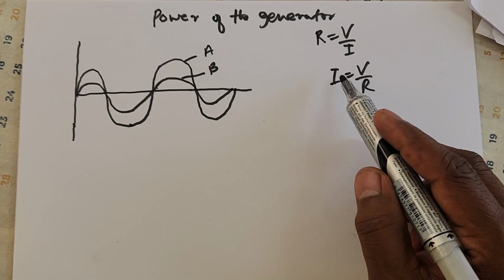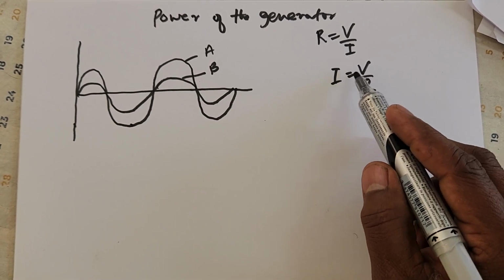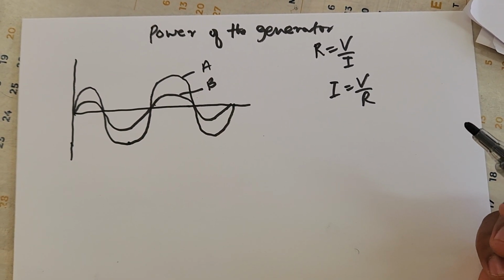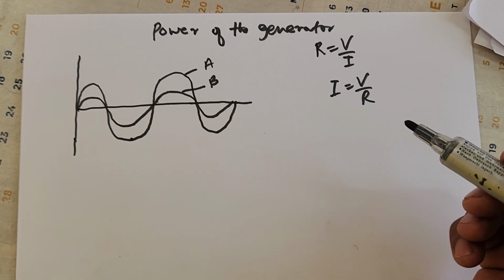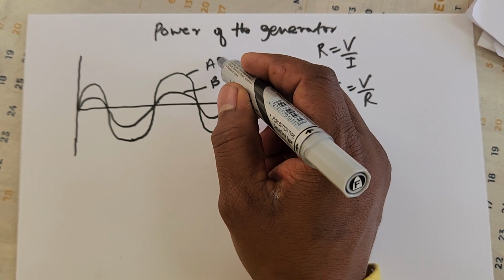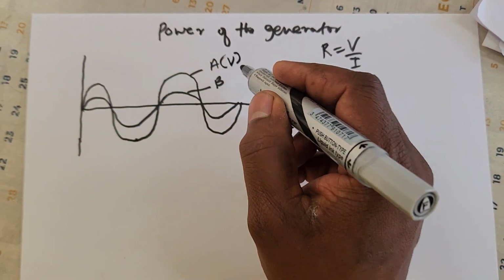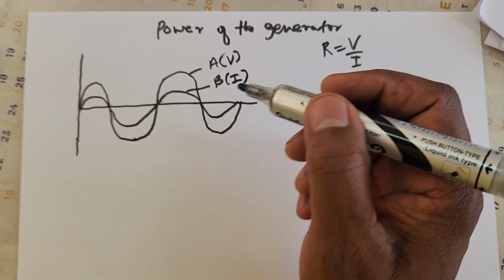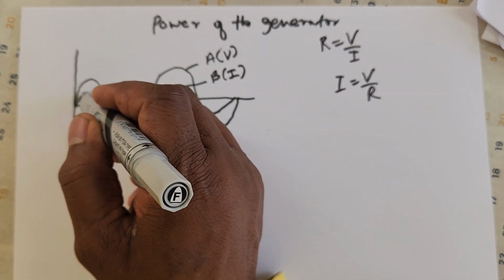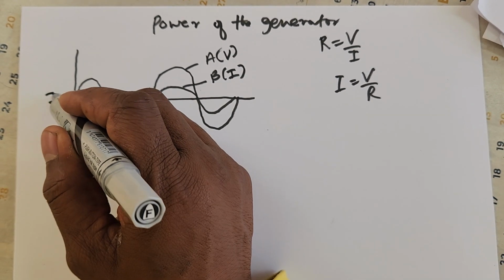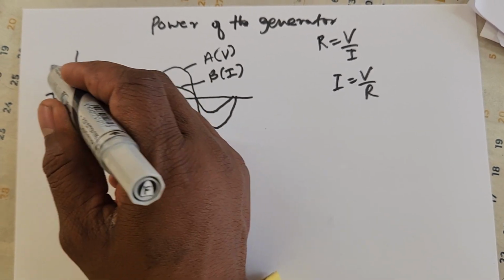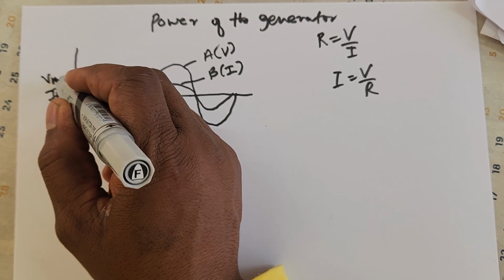So comparing the values of I and V, current will always be smaller than the voltage. Therefore the bigger one will be the voltage time graph, or the smaller one will be the current time graph. In this case, for the current I will have the I max, and then the voltage here will have the maximum voltage.